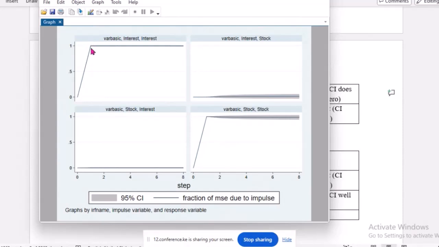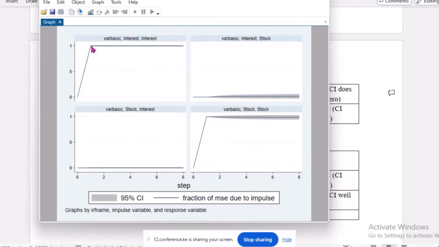This means the forecast error of interest rate is highly caused by itself, highly influenced by itself. You can see it is almost 100%, because we said 1 is actually 100%. It is something like 99%. That's why it is almost 100%.